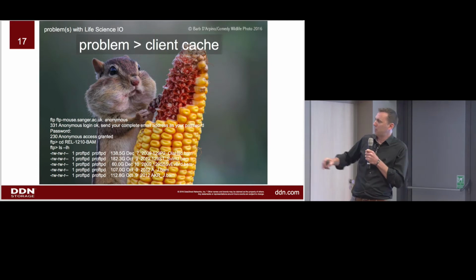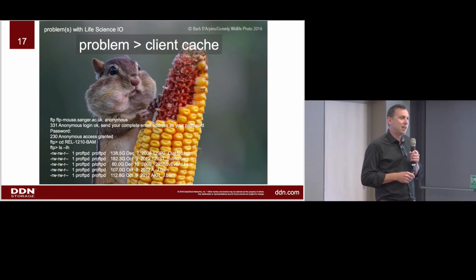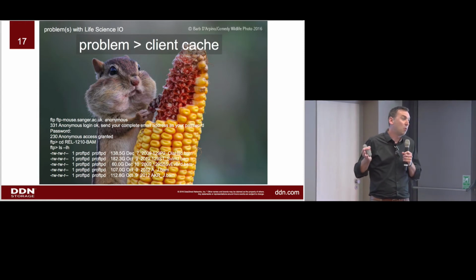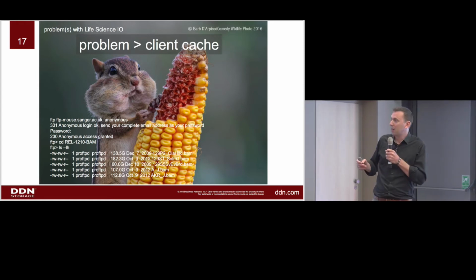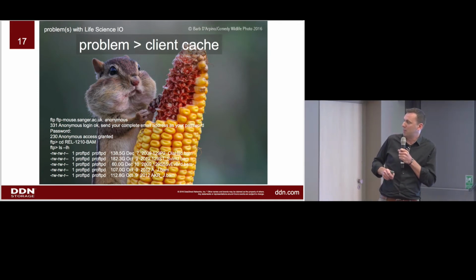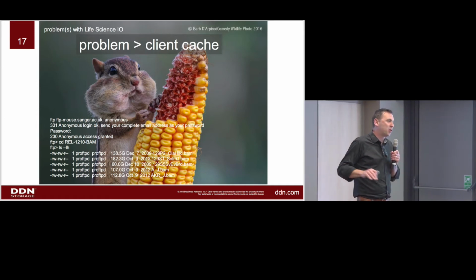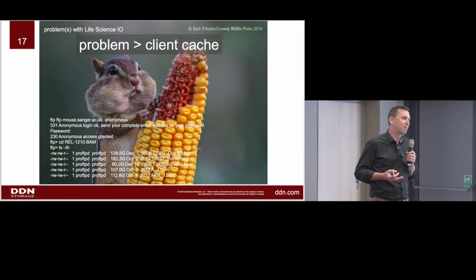So I took a snapshot actually from Sanger's mouse FTP genome site, and here you can see some fairly small examples actually of some very large BAM files, so genome files for various attributes of mice. So here we see 182 gig, 112 gig, 138 gig. So already we're seeing just this typical snapshot exceeding the capabilities of compute node memory.